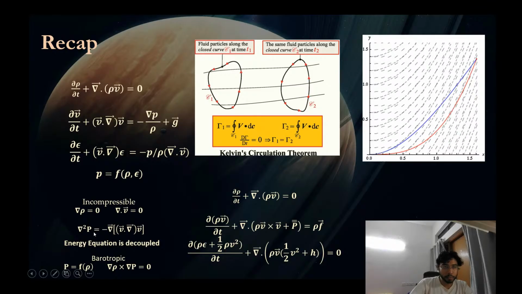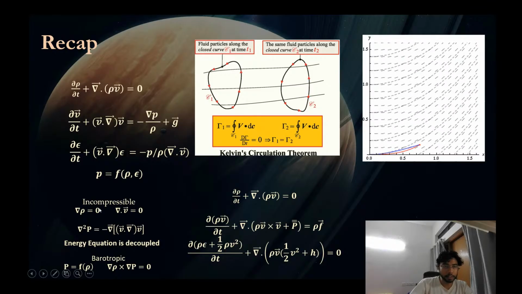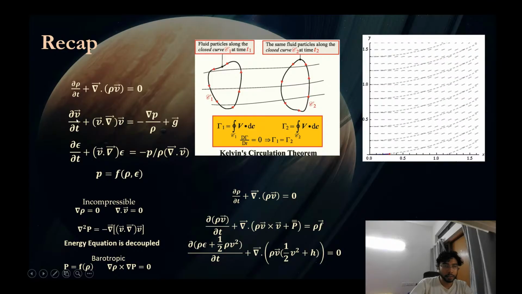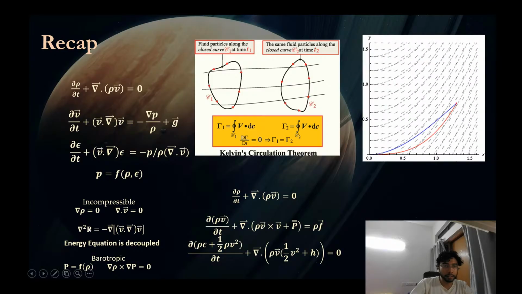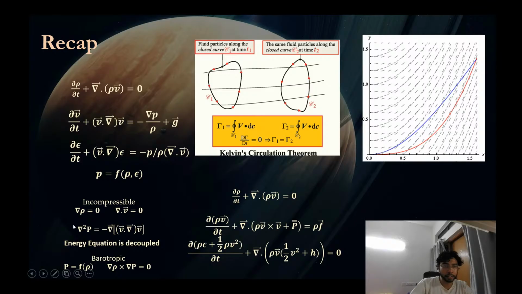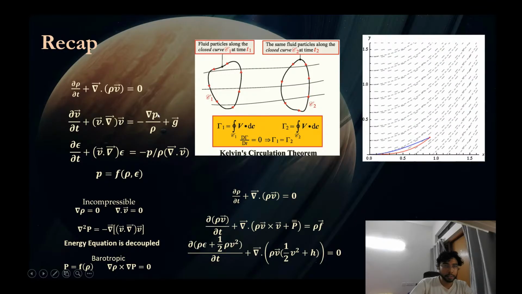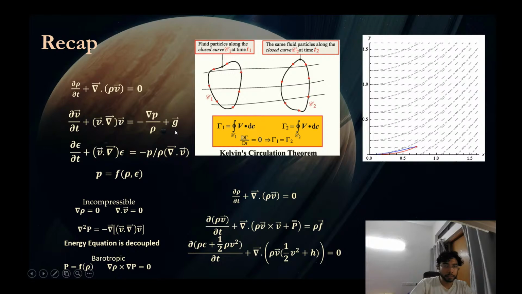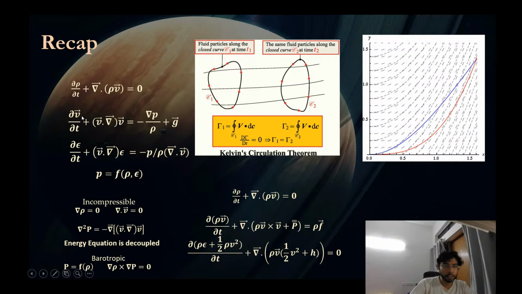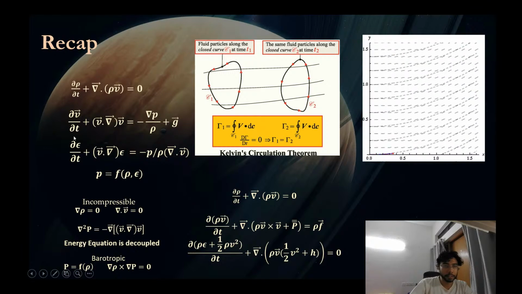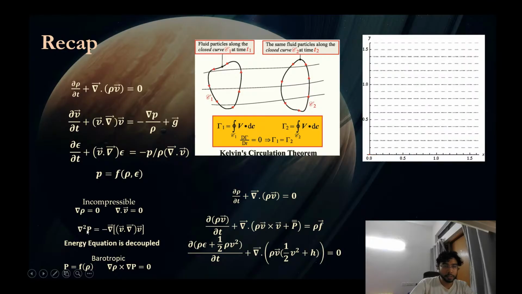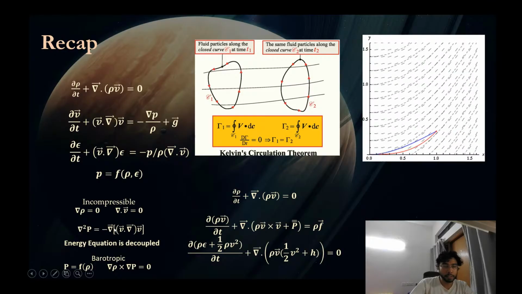Also, if you impose this condition on the second equation, you will get a condition like this. You will get the pressure in terms of velocity, provided that you don't have any external forces and provided it's in steady state, so del t is zero. So there is actually one reduction of variables.